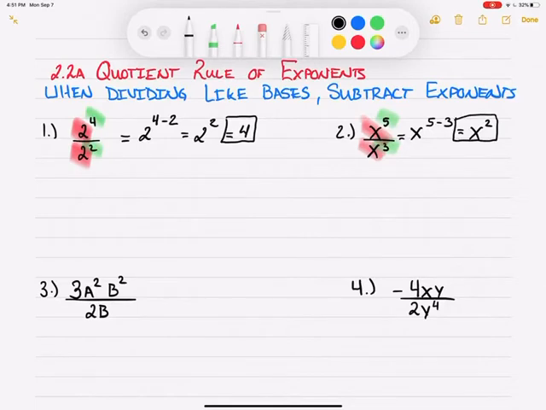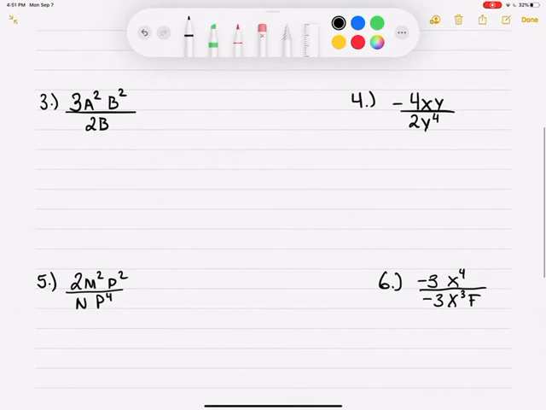In example 3, I have 3a squared b squared over 2b. Now, 3 over 2, they're not like terms. They're not going to reduce. A is not a like base. There's not an a in the bottom of our fraction, so I'm going to have to also keep a.